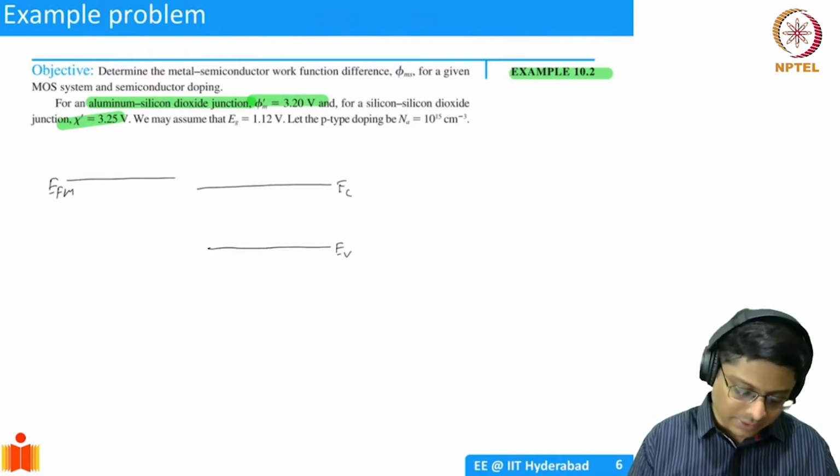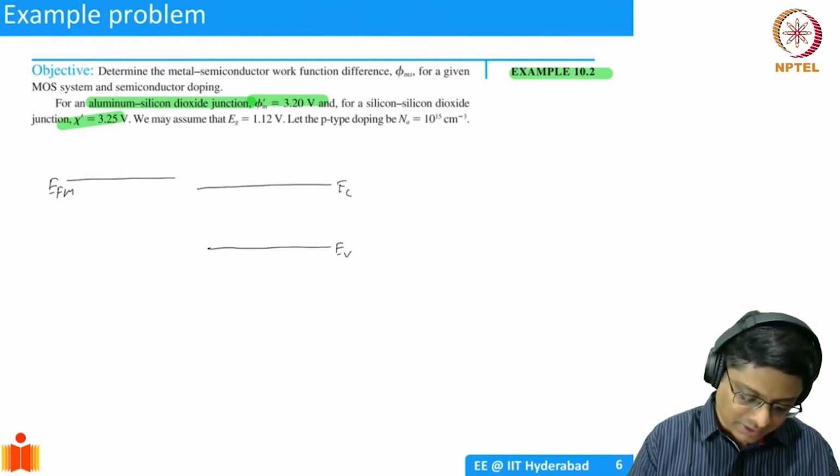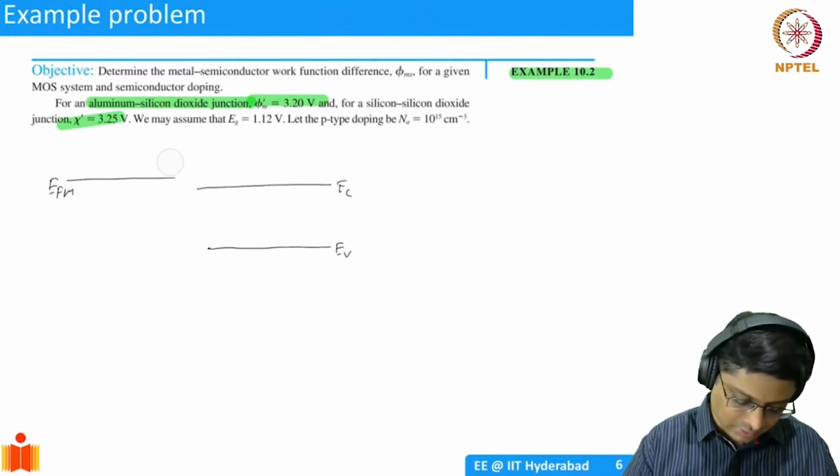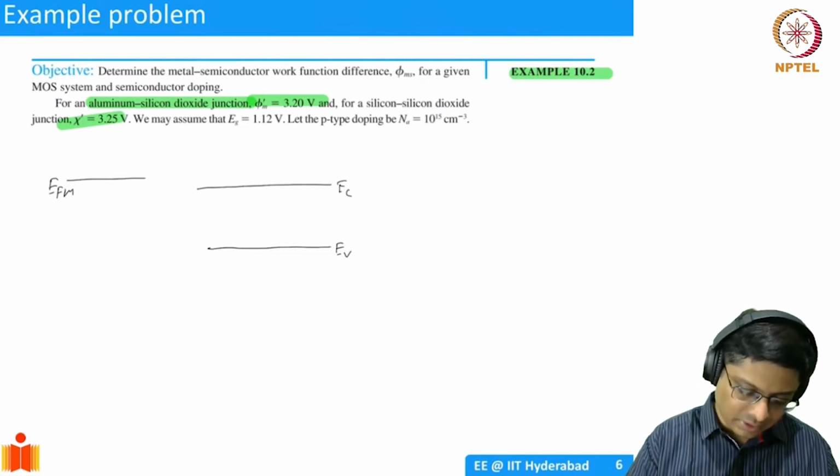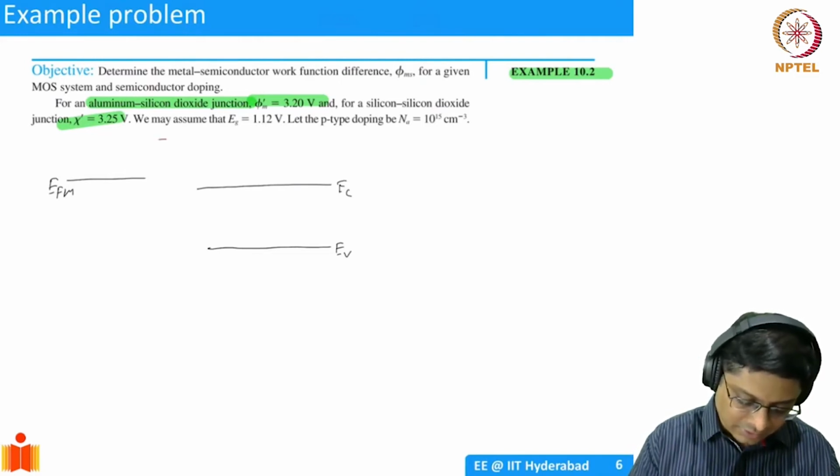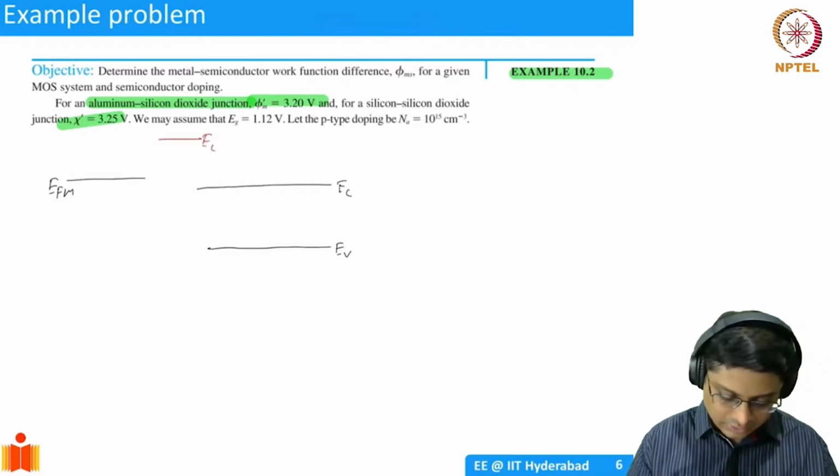There is an oxide in between, so let's assume this is your oxide EC, and this is your oxide EV.